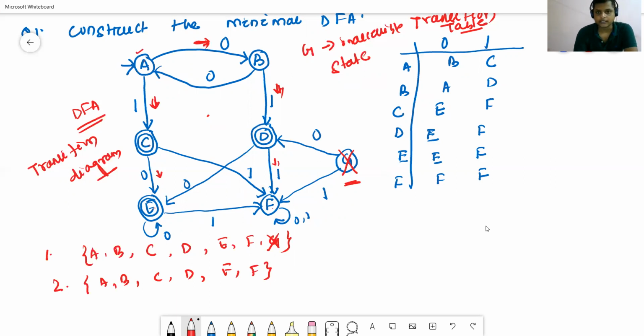In the third point, separate the final and non-final states.